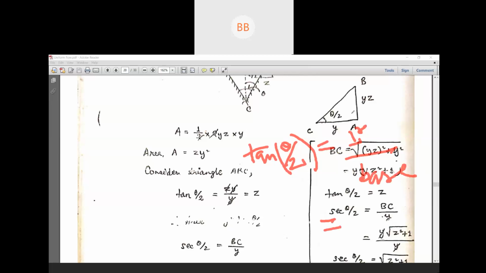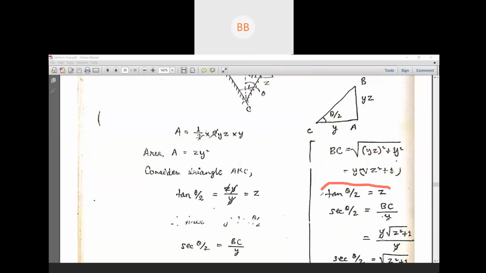Perpendicular is zy and base is y. So this y will be cancelled out, and what is left is z. So we can directly write here tan theta by 2 is nothing but z.